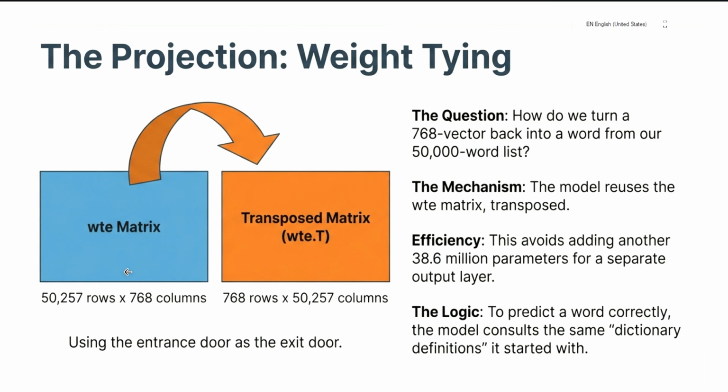And weight tying is also a very important thing. The embedding matrix we use in the GPT's input embedding and the output embedding are just the same, just transposed. So you have this 50,257 rows by 768 columns. You just transpose it and you get your output.